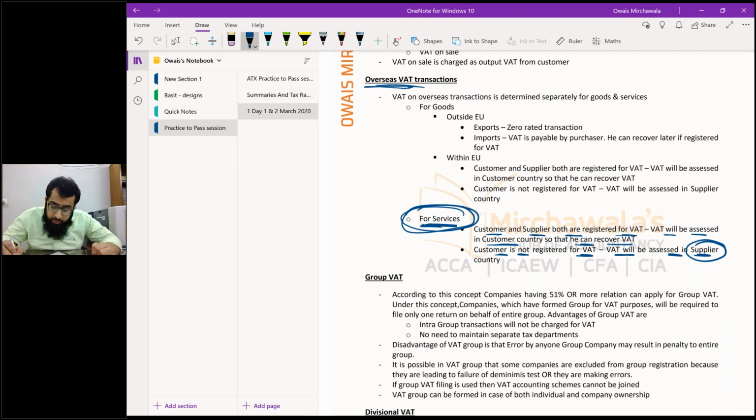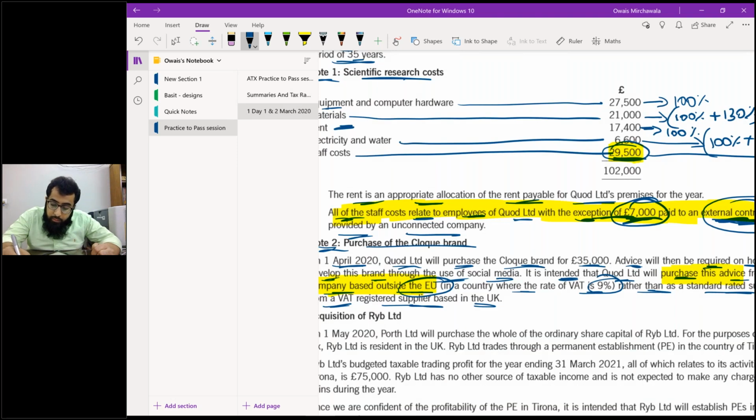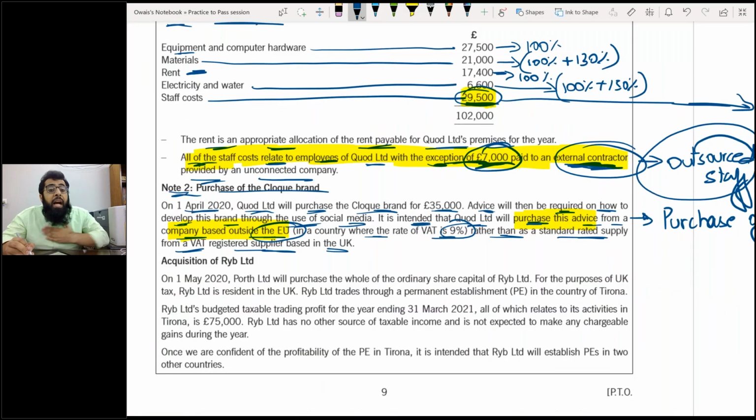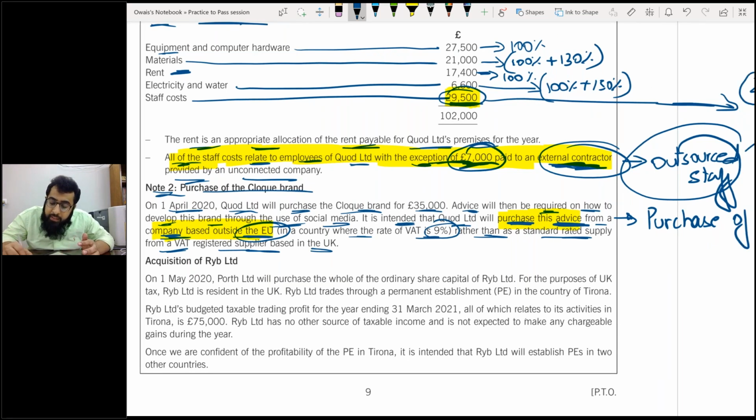Come back to the question. We are purchasing advice. Please listen very carefully. We are purchasing advice from a company outside the European Union. Purchasing advice means we are purchasing the service.